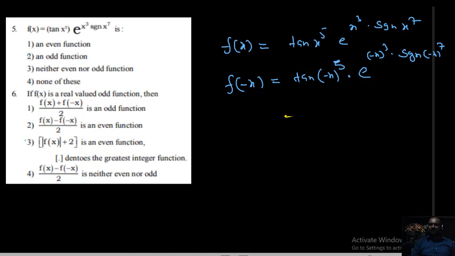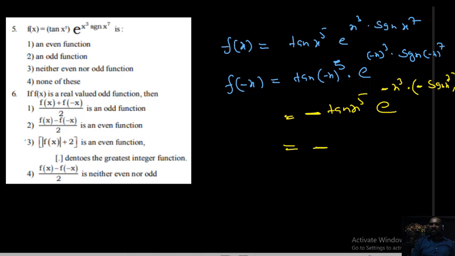Okay, I will write that. Here minus x power 5 is minus into x power 5. Tan of minus theta is minus tan theta. Here we will get minus tan x power 5 into e power minus x cube, into minus signum of x power 7, as just explained.